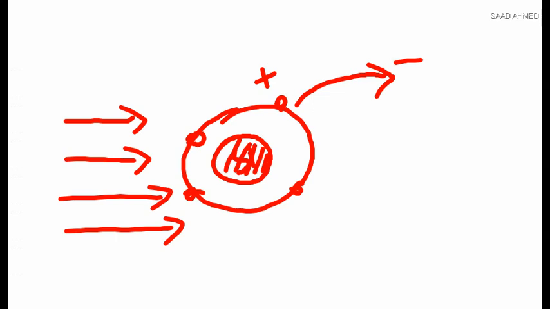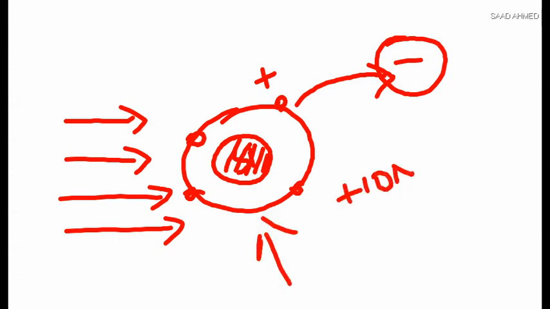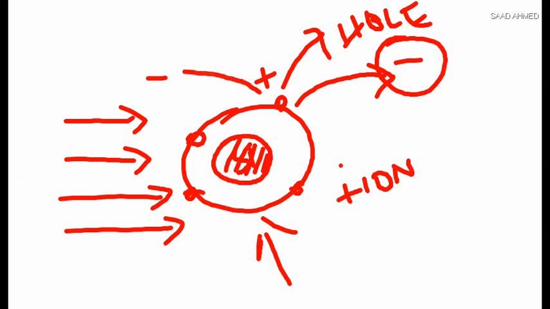But when this electron leaves the orbit, it makes this silicon atom a positive ion, as discussed earlier, and this hole, which is positively charged, will be there, and if for any reason any other electron comes near it, it may go into it and occupy this space.